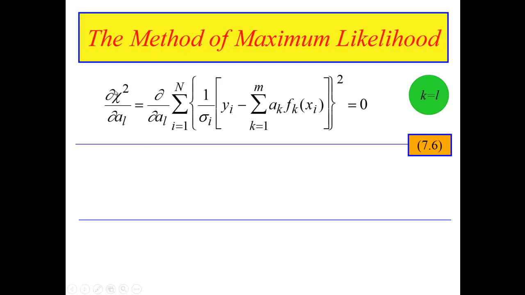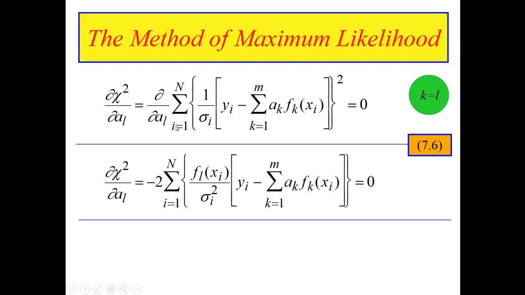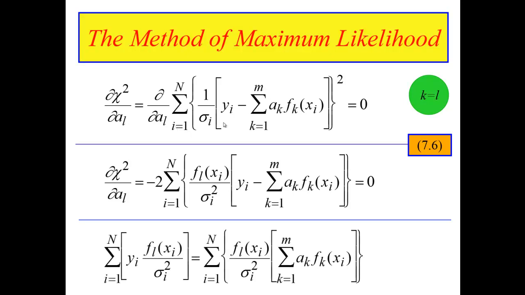This is the derivative taken for a general parameter a sub L. So we take the derivative of chi-square, and that derivative is fairly easy to work out. And finally, just taking this expression here, setting it equal to 0, and doing a little bit of rearrangement, we get equation 7.7, the last line here on my slide.